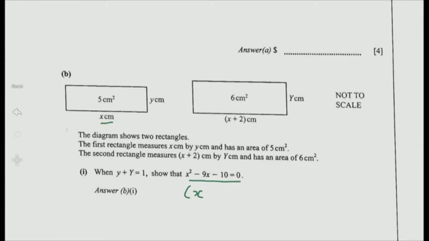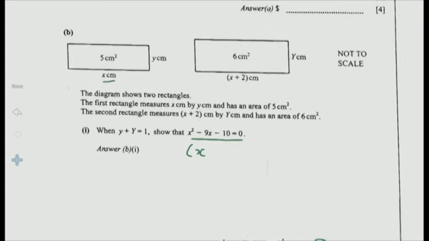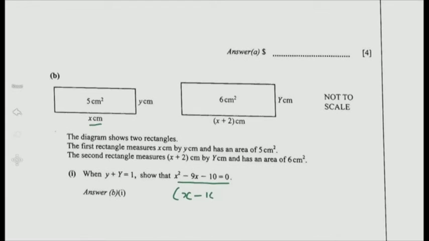So it's x minus 10, x plus 1. So we have x minus 10, x plus 1, equal to 0.